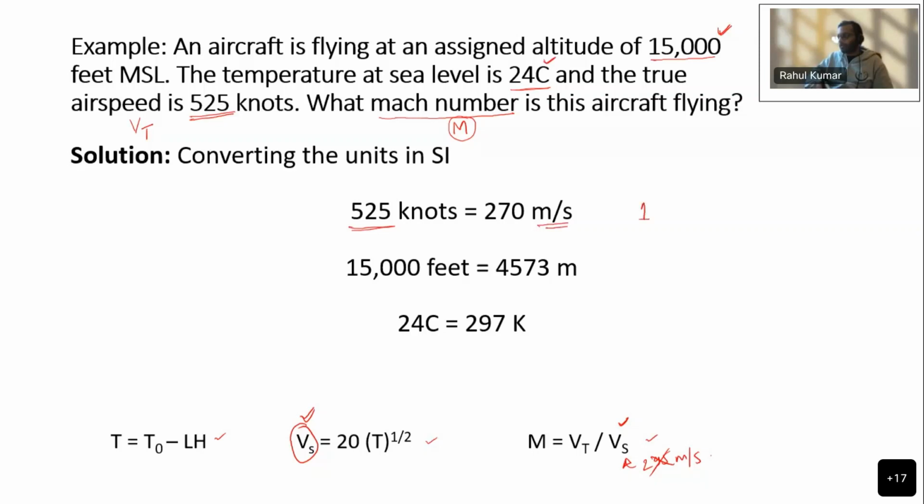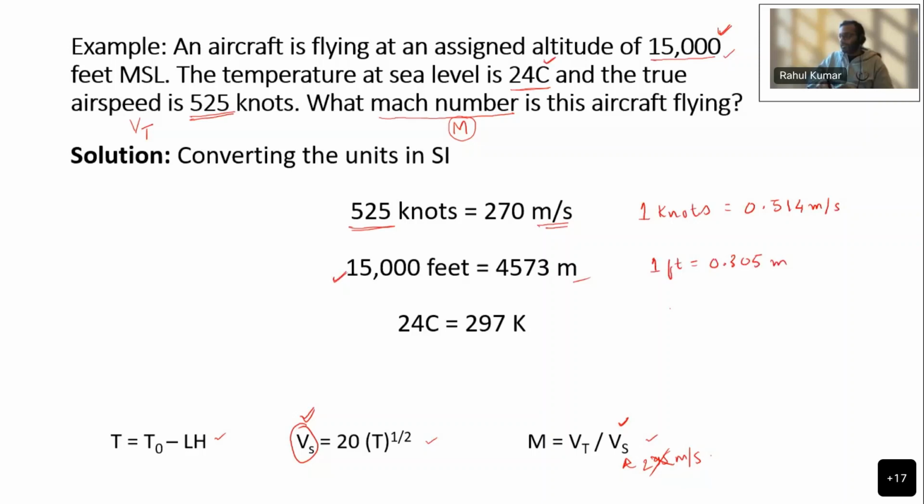So 1 knot is 0.514 meters per second, and 1 foot is 0.305 meters. So I've converted the altitude, the 15,000 feet, into meters.